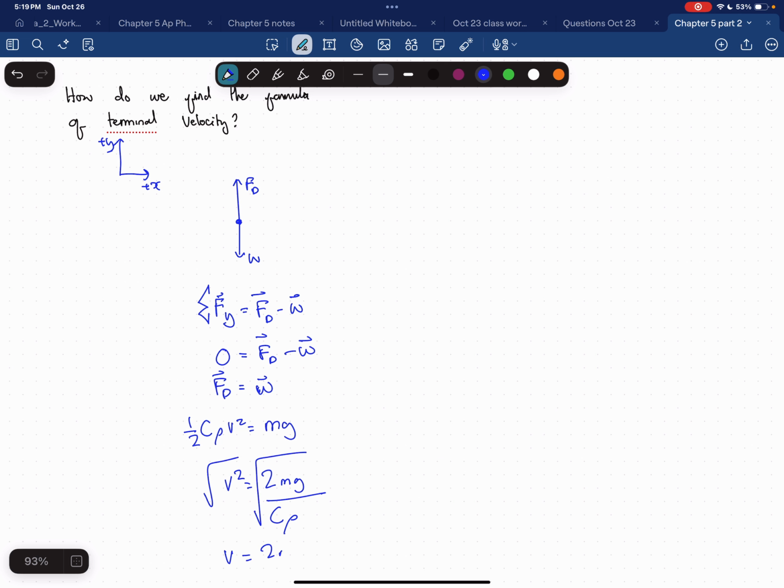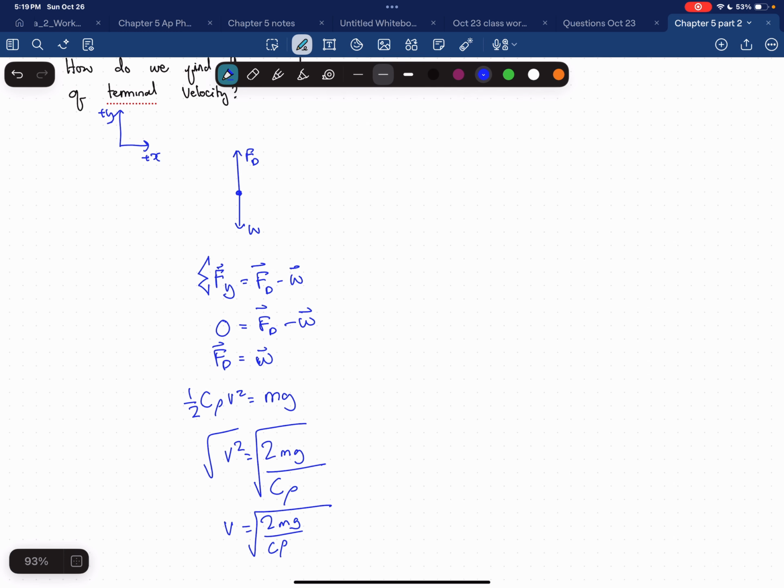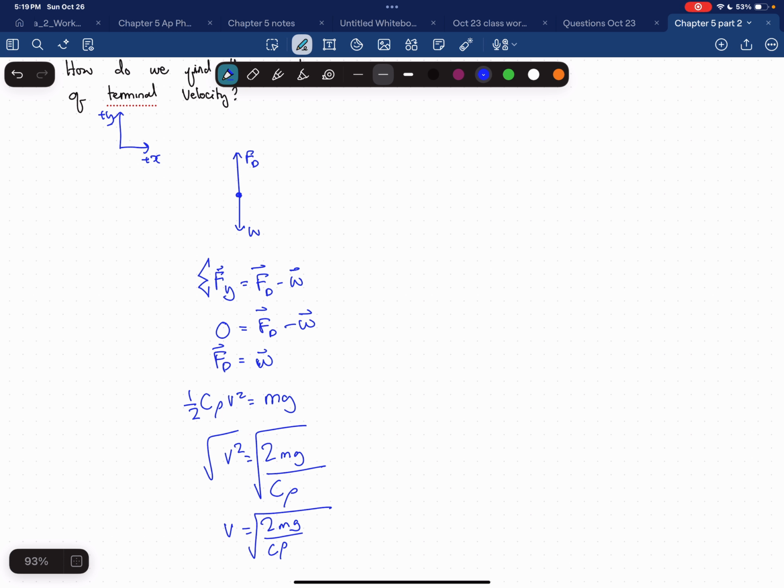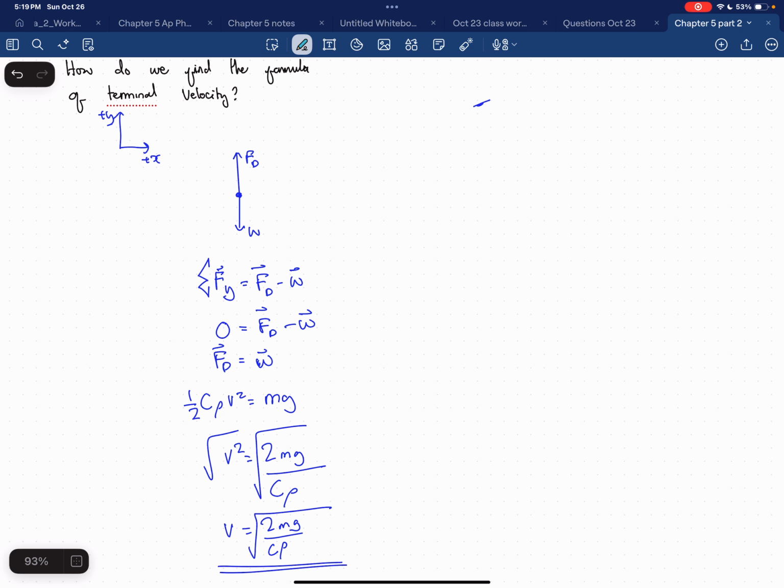I get v equals the square root of 2mg over the drag coefficient times rho times A. And that right there is my terminal velocity. I forgot my area, oh my God. Area. I apologize.